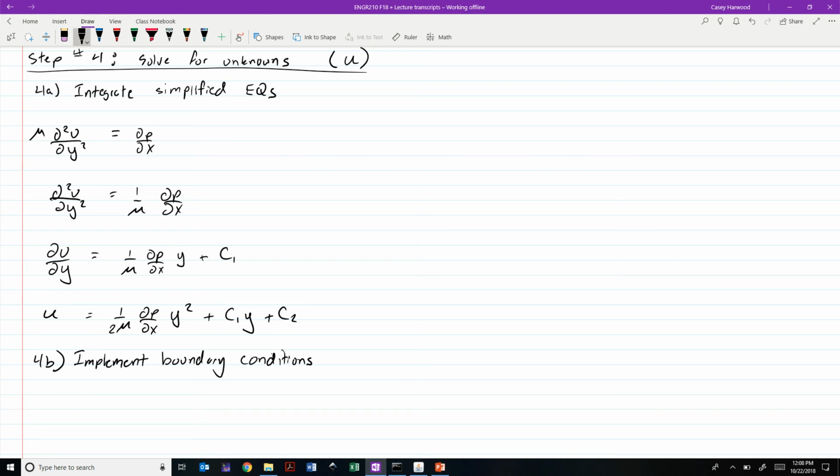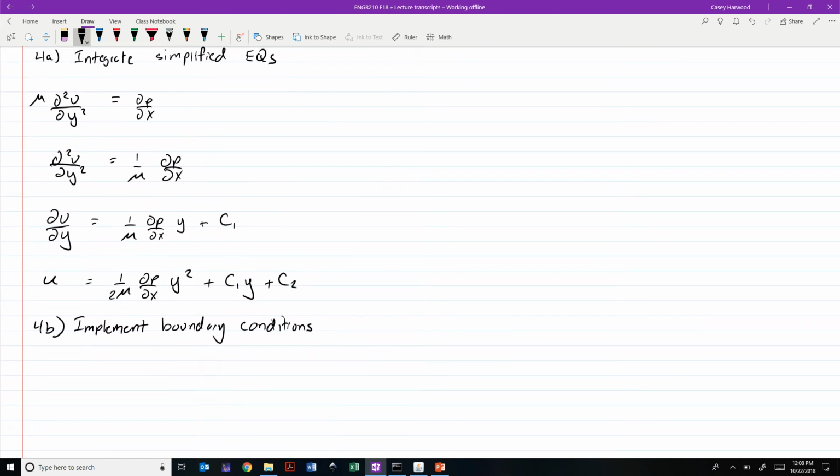You often end up with 2 unknown coefficients as well, and you have to use initial conditions in order to fully resolve those coefficients. This is the same idea, but now we're just integrating on space. So it's exactly equivalent. It's just that instead of integrating on time, we're integrating on y in this case, and we have to know something about the flow, something about the velocity itself, u, or its gradient at 2 different points in the flow in order to fully define c1 and c2.